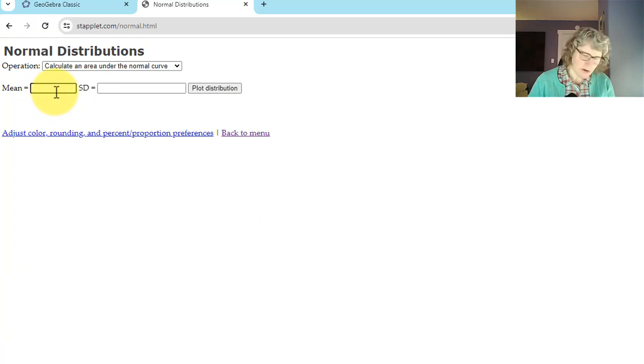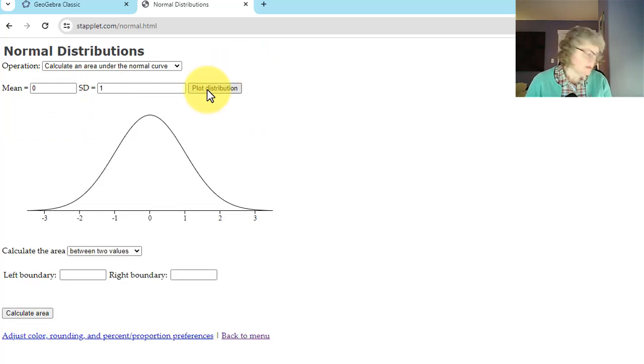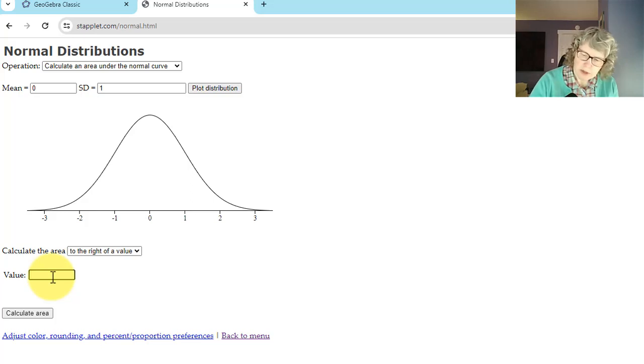We're finding an area, which is a p-value. Z is 0, 1. And we are going to the right. What's going to happen is this is going to be over half. Usually we're going towards the tail. So negative 0.5829.